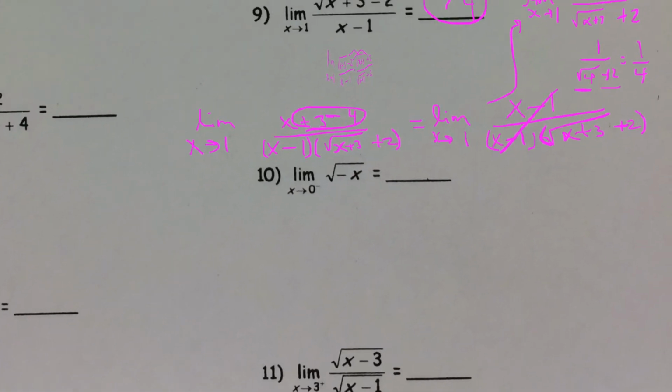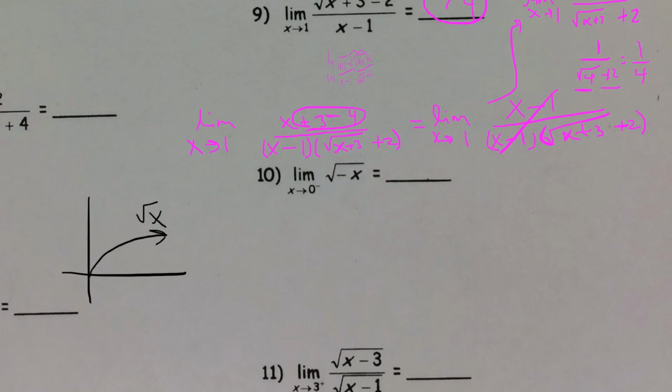So now I think I want to try number 10. It's a one-sided limit. The limit as x approaches 0 from the left of the square root of negative x. And in order to figure this out, it helps to think about the graph of the square root of negative x. I'm not familiar with the graph of the square root of negative x, but I do know what the graph of the square root of x looks like. So square root of x, that looks something like this.